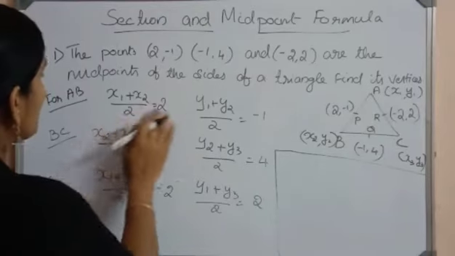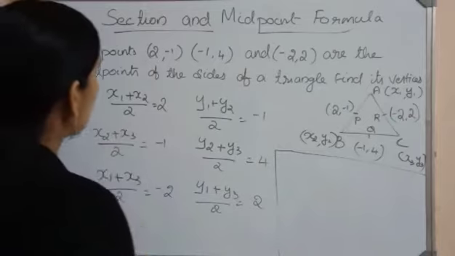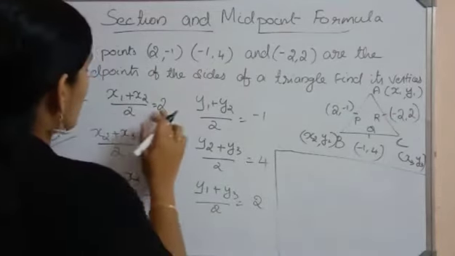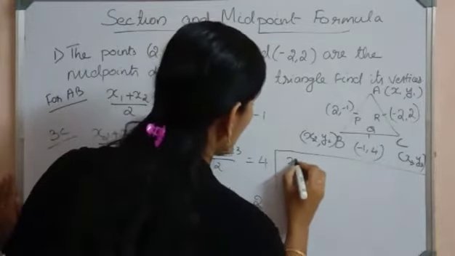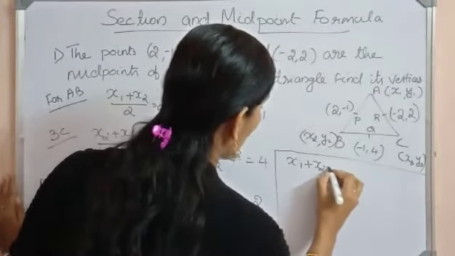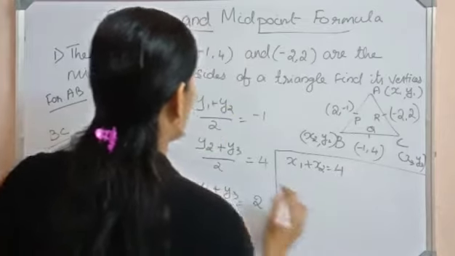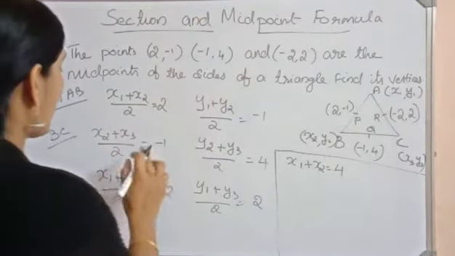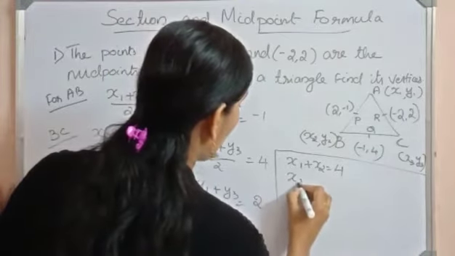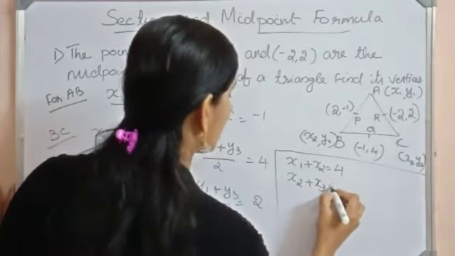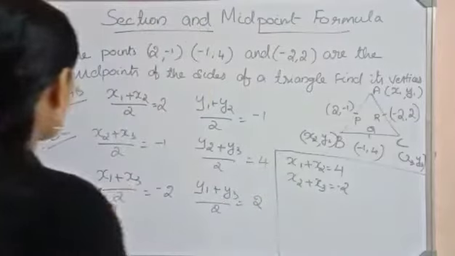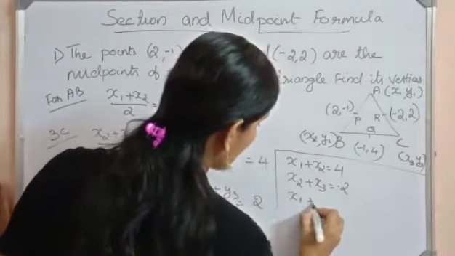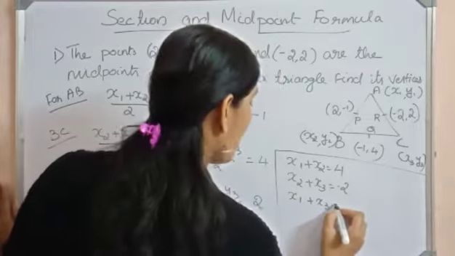When you consider the first one, (x1 + x2)/2 gives x1 + x2 = 4. Equation number 1. Then x2 + x3 is -2 and x1 + x3 is -4.